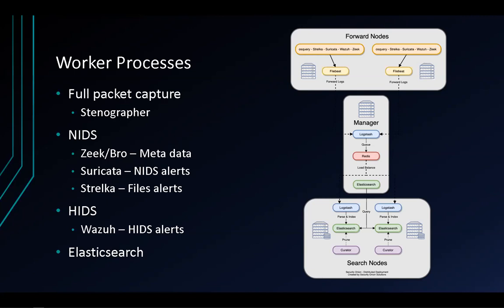For example, if it sees DNS traffic, it'll log the type as DNS or HTTP, and it also logs stuff like IP addresses from, to, and timestamp and everything else. It's not an alerting engine. It's just a meta tagging engine.